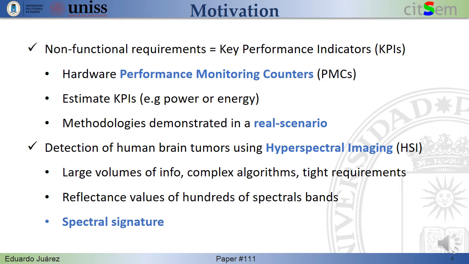HSI captures the reflectance of the objects present in a captured scene from a wide range of wavelengths, going from the infrared to the ultraviolet. Each HSI pixel is composed of the reflectance values of hundreds of spectral bands, which can be used as a signature that uniquely identifies each object appearing in the image.